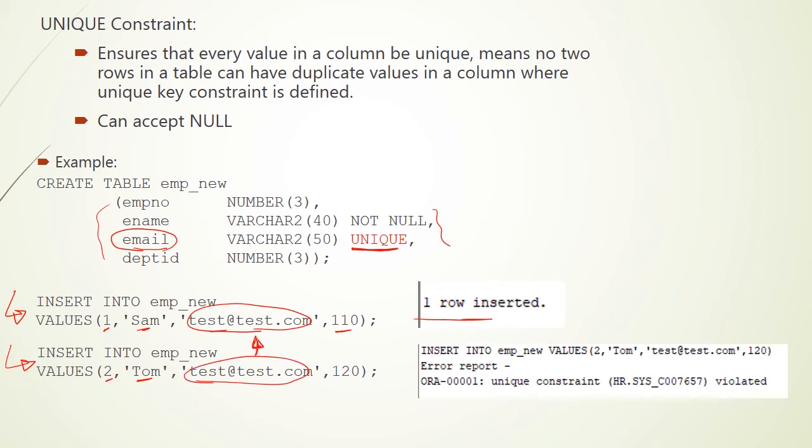This email is equal to the email of the previous employee. In this case, Oracle will return an error, unique key constraint violated. No two rows in a table can have the same email in the emp_new table.